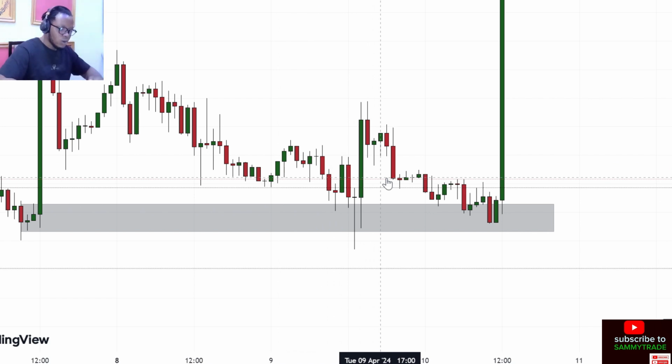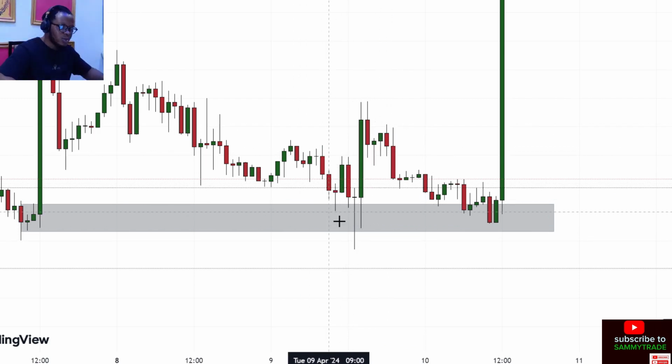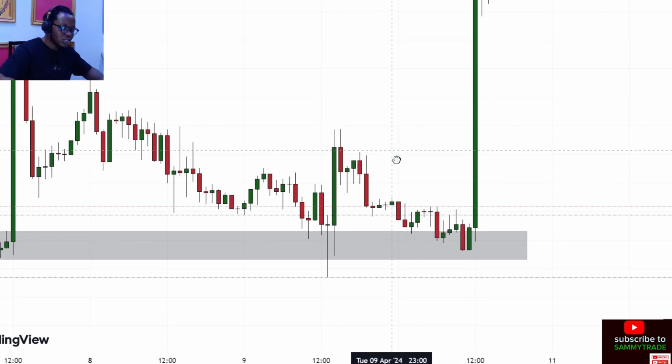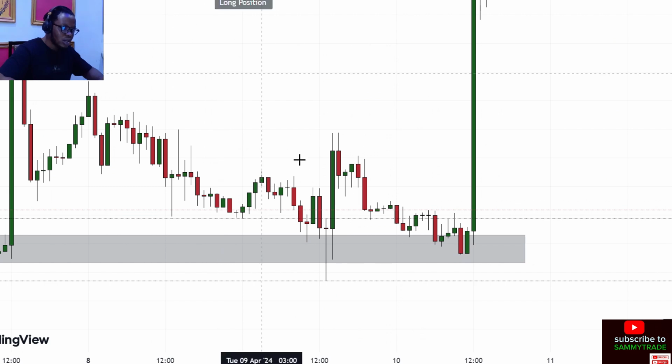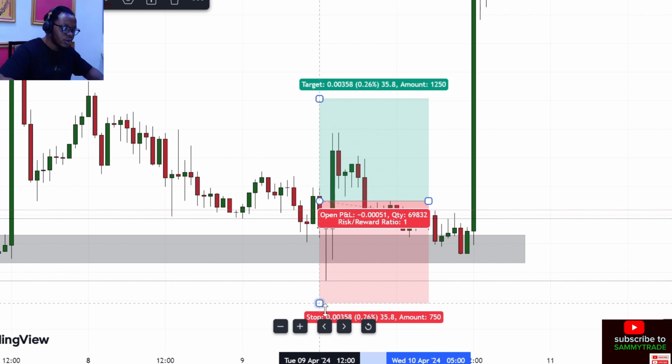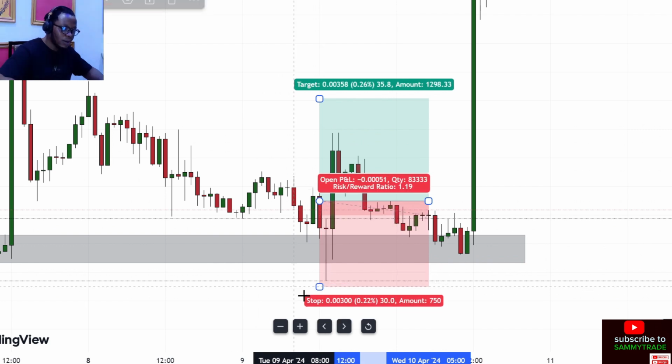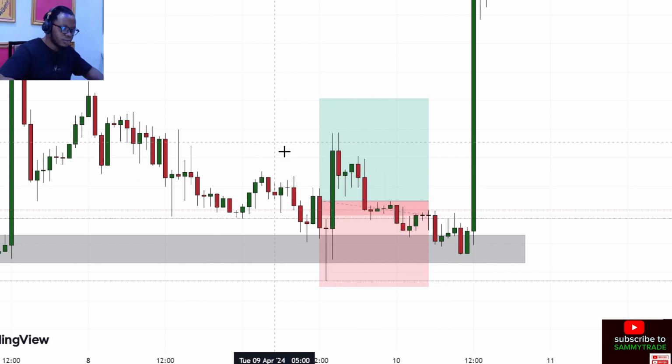But if the next candlestick is a bullish candlestick after getting to your point of interest, you see this doji candlestick and then a bullish candlestick piercing above all these candlesticks, which means it's an engulfing candlestick, then you take your entry. As simple as that. Immediately you see this bullish candlestick, you enter the trade and set your stop loss below that order block.